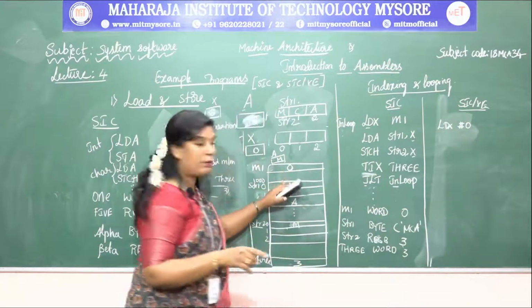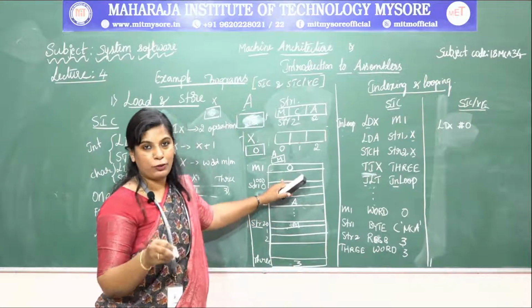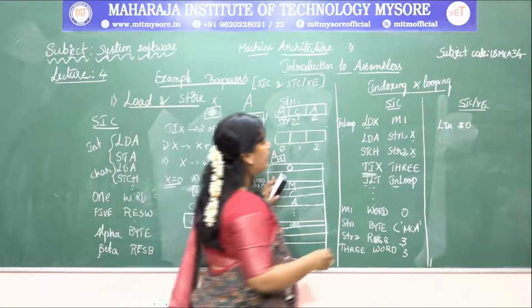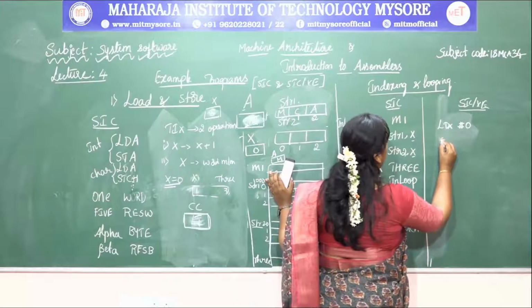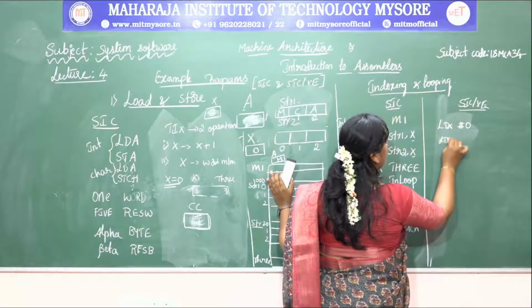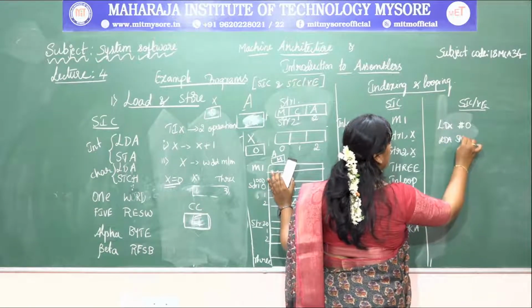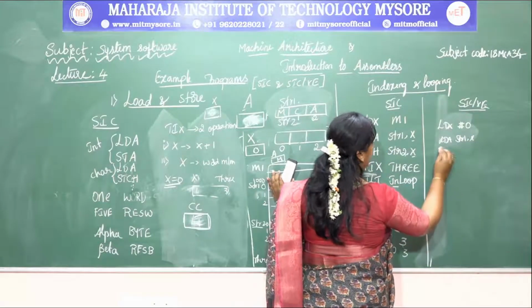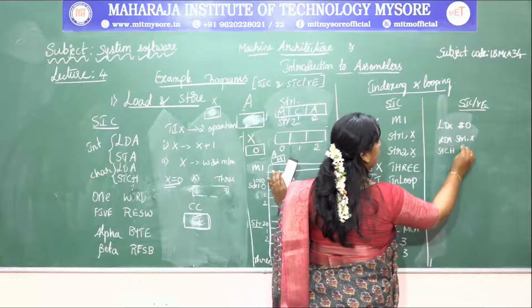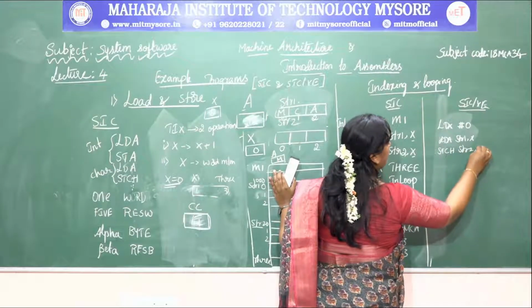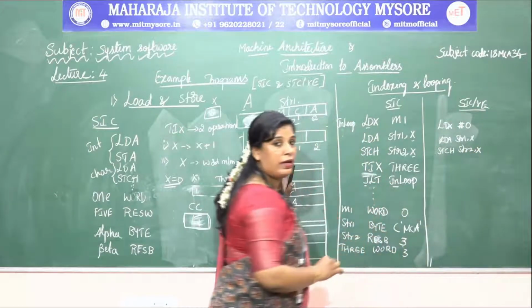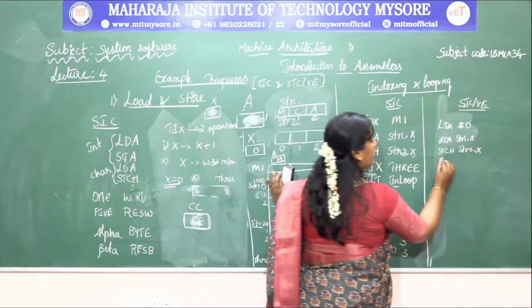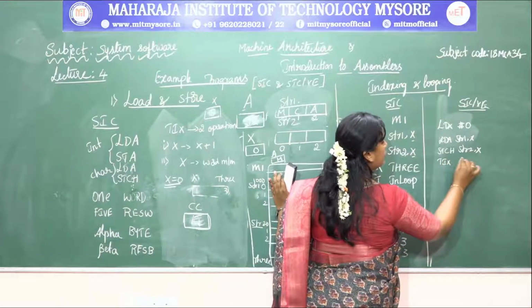So no need to refer to any memory location here to get the value 0, right? After that, we need to load the accumulator with the value present at string 1 with index register value 0 position, and store the character in string 2 with the same index register value, and we are performing the same TIX operation here.